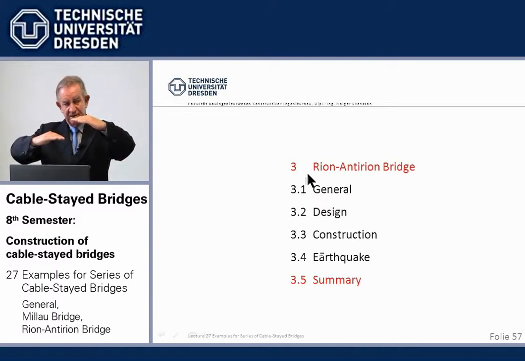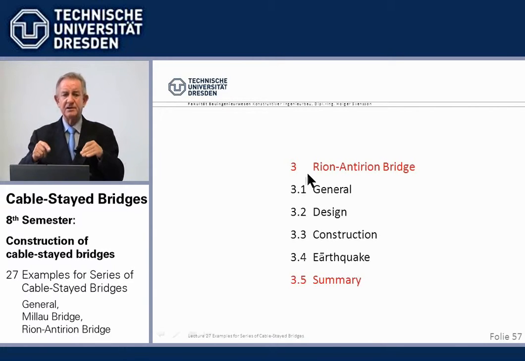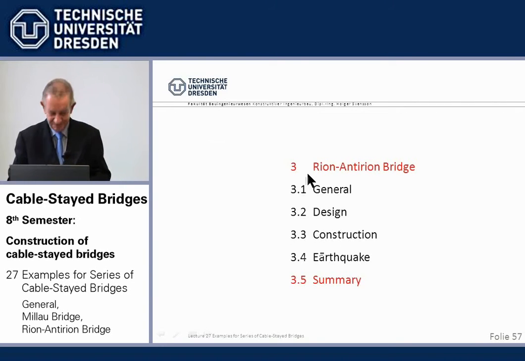There can be sort of plastic sliding, and this possible 2 meters difference can take place. That is really unique for this bridge. So, those were the series of cable-stayed bridges. Thank you.